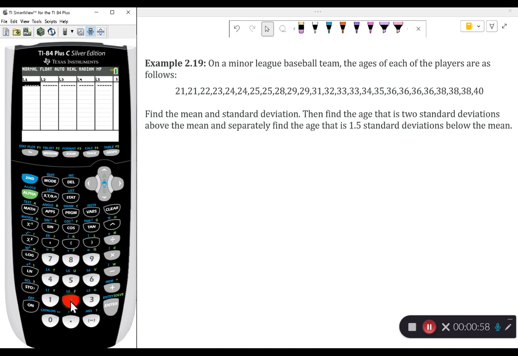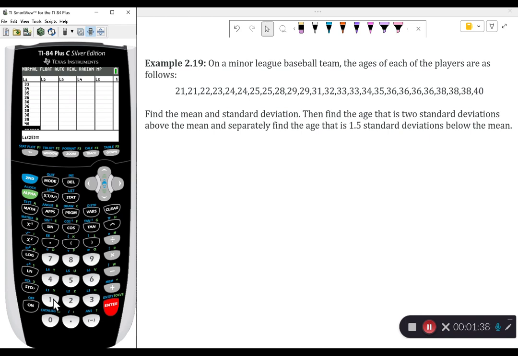From here, we're going to enter in all of our data values. 21, 21, 22, 23, 24, 24, 25, 25, 28, 29, 29, 31, 32, 33, 33, 34, 35, 36, 36, 36, 38, 38, 38, and 40.